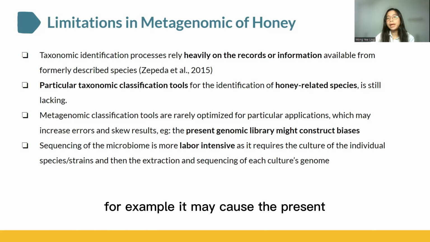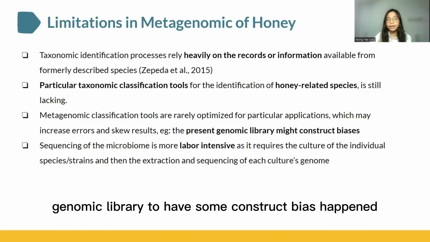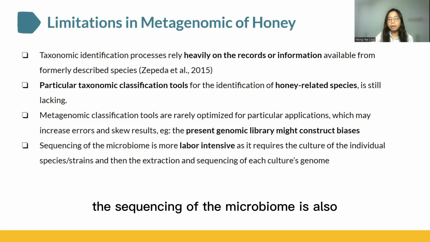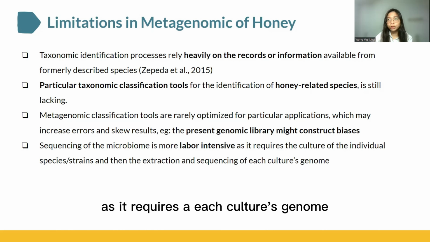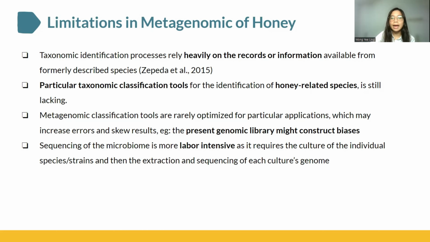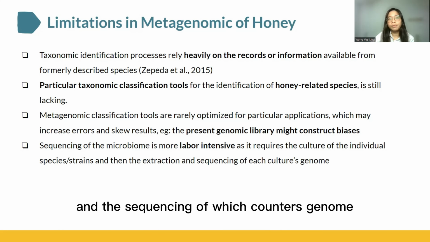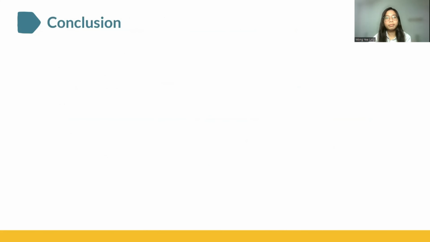For example, it may cause the present genomic library to have some construct bias. The sequencing of the microbiome is also more labor-intensive, as it requires the culture of individual species and the extraction and sequencing of each culture's genome.